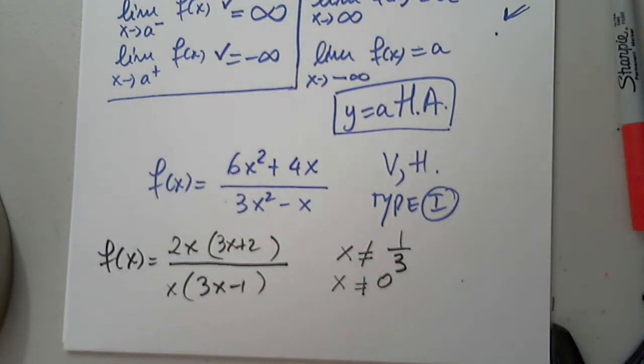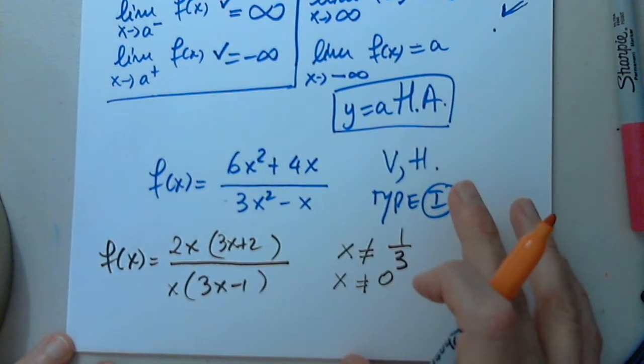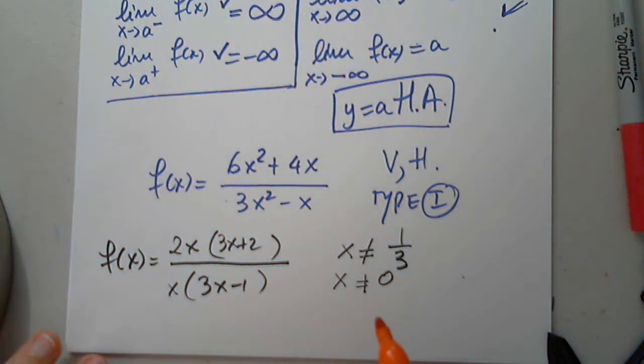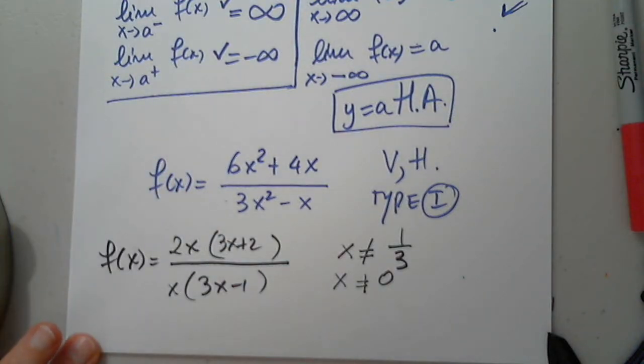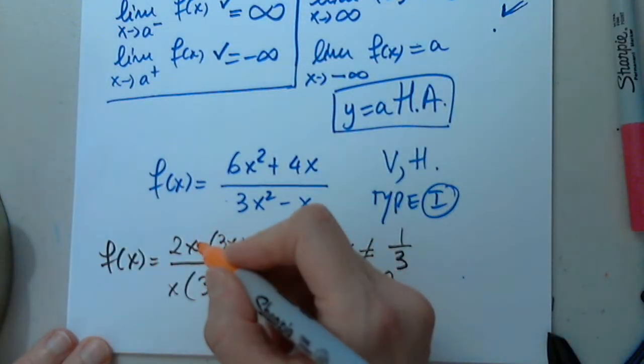What will I clean up? Can I simplify anything? Can't you simplify the 2x and the x?